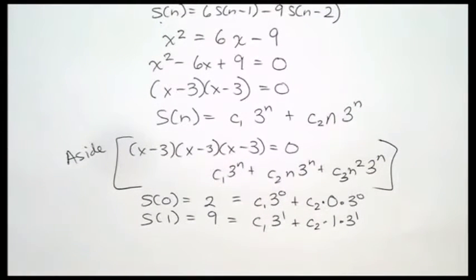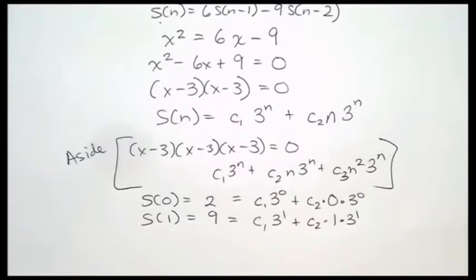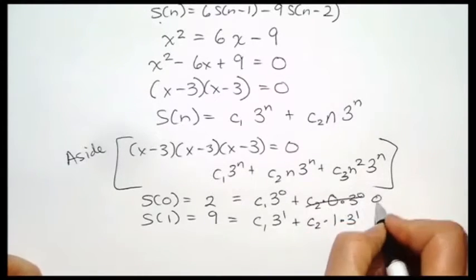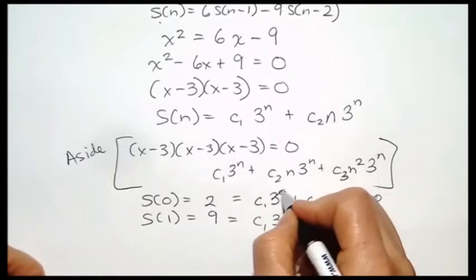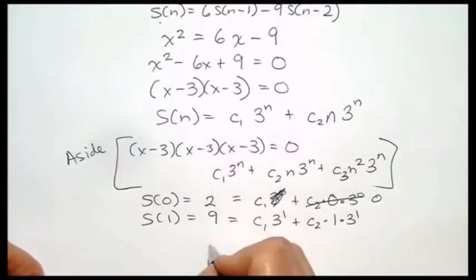Notice that I'm not skipping any step. I'm writing down everything. I totally recommend that you do that. Because a lot of the times if you're like, oh, that's a 0, so I don't have to write anything down, you're going to mess it up. So just write it down. And then multiply it out and say, oh, that whole term is 0. And this is actually just a 1. So we have C1 equals 2.